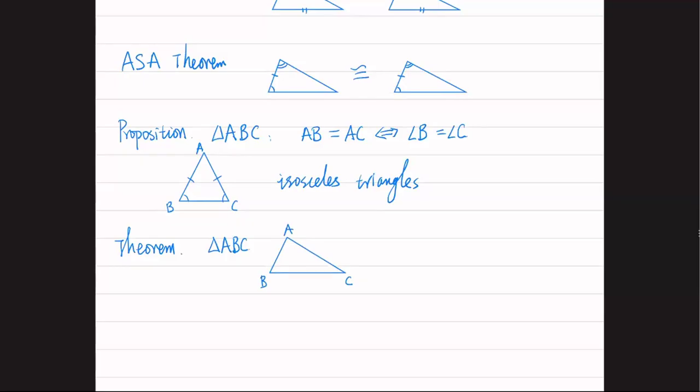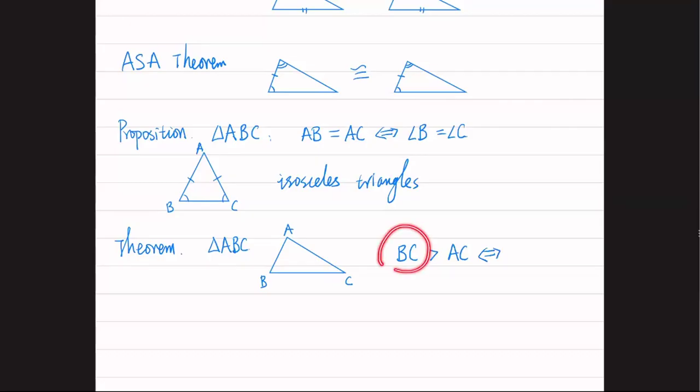So if the length of one side is longer, it is equivalent to the corresponding angle being larger.